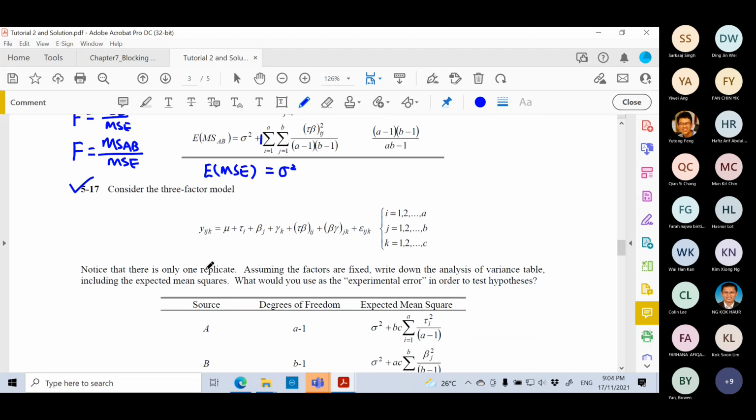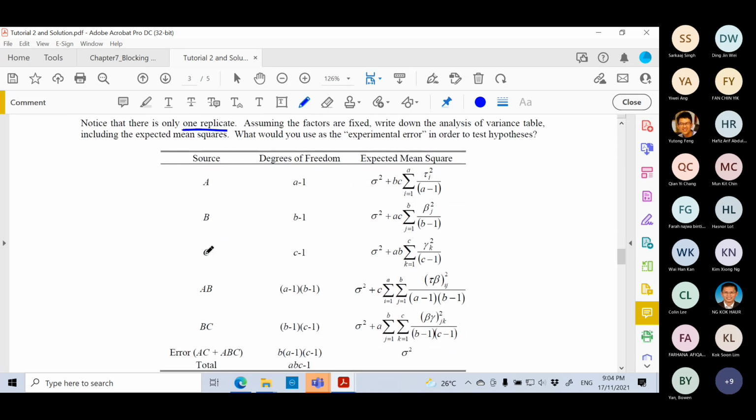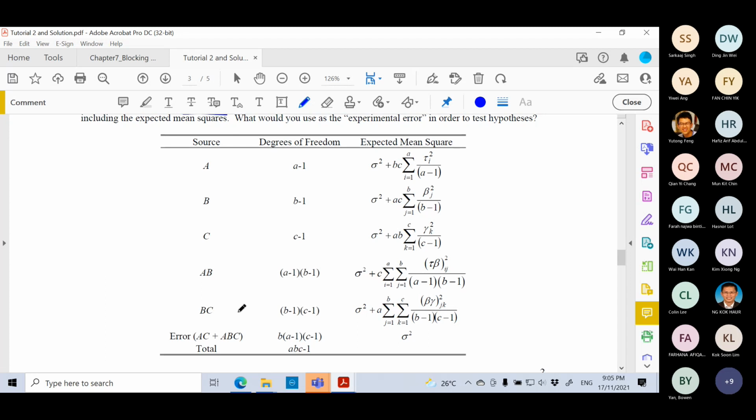Your model consists of the main factors and the 2-factor interactions only. The remaining factor interactions are not in the model. They will be grouped into the error. So when you do the calculation of the sum of squares, you only have A, B, C, AB, and AC. The remaining ones will go to the error.